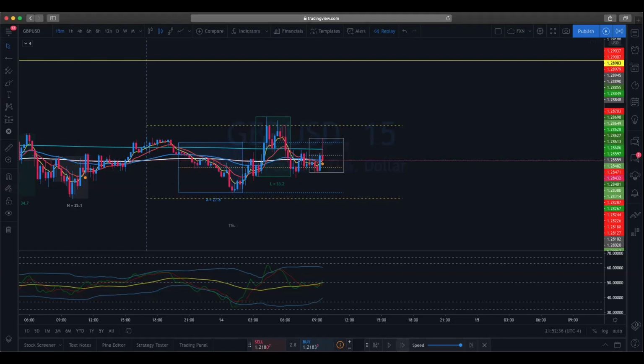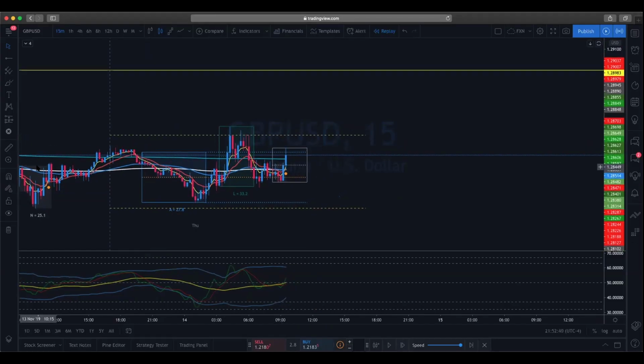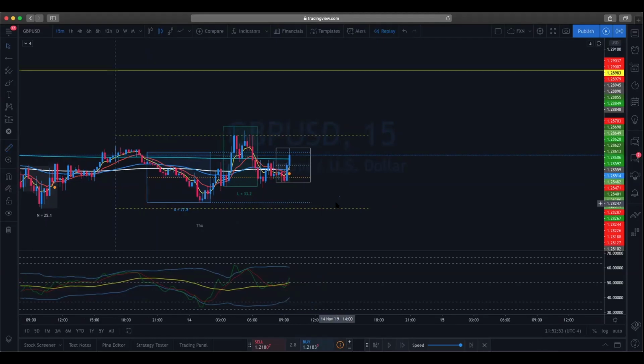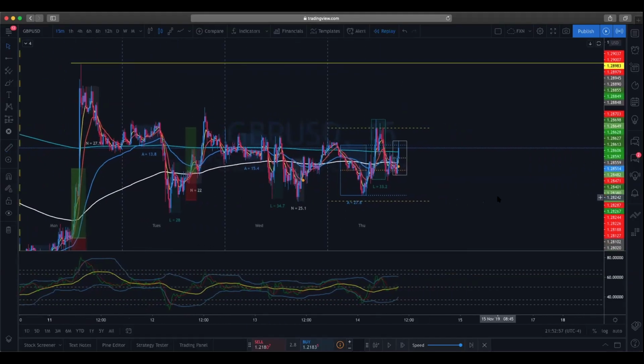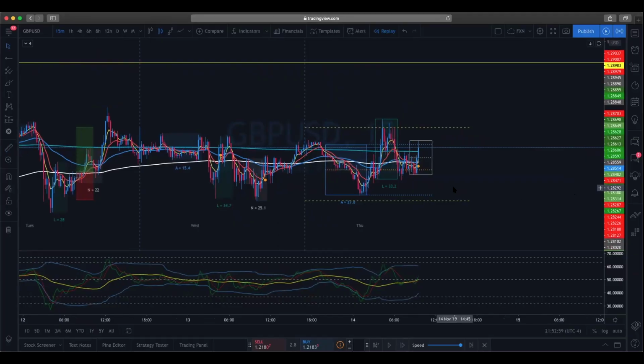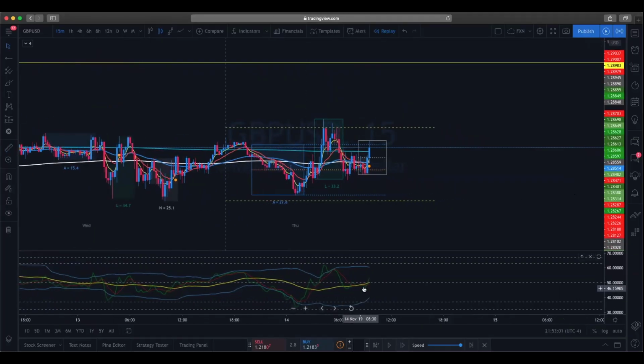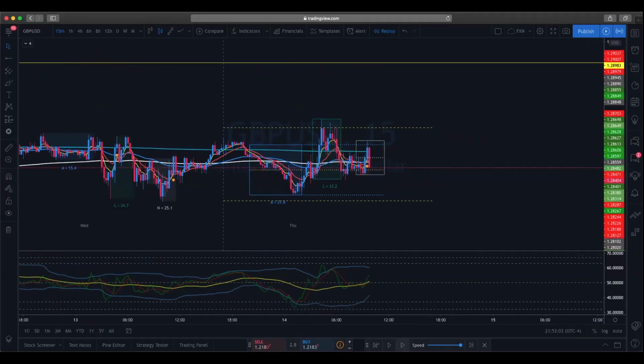So there would be a good candle right there. What is that? 15 pip stop loss. You're kind of getting rejection here on the TDI.